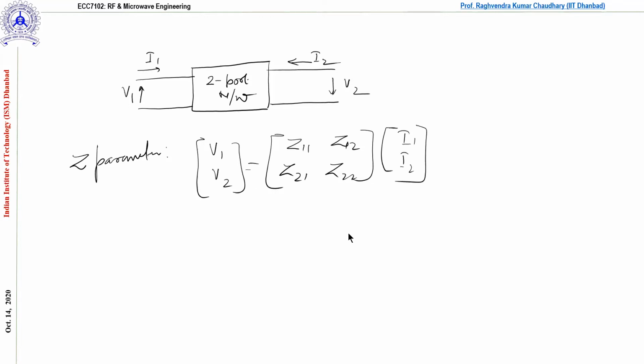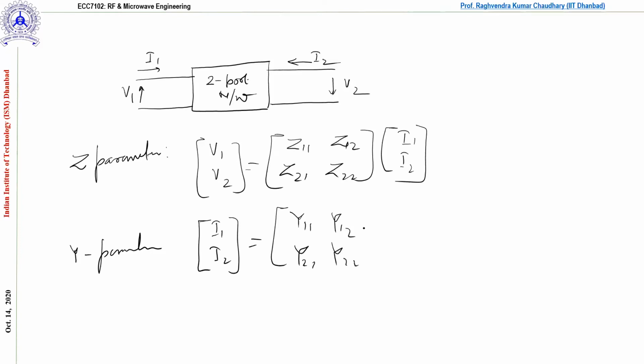Correct. So this was a Z parameter, and in a similar way the Y parameters may be written, and this is actually I1, I2, Y11, Y12, Y21, Y22, V1, and V2.